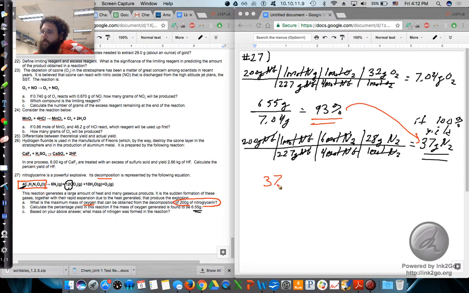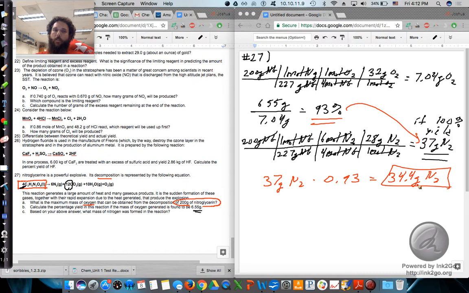So 37 grams of the N2 times 0.93 gets us our answer. 37 times 0.93, 34.4. Now we're making the assumption here that we're going to have the same percent yield for each thing, which is a reasonable assumption. All right, so there's chapter 3. Hope you enjoyed it.